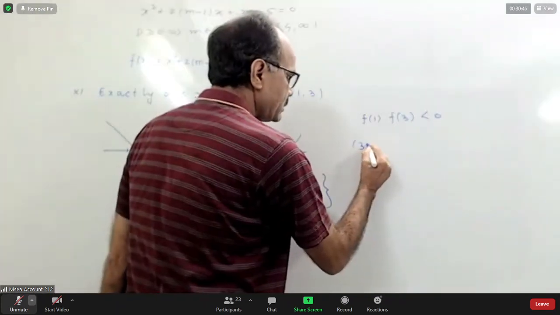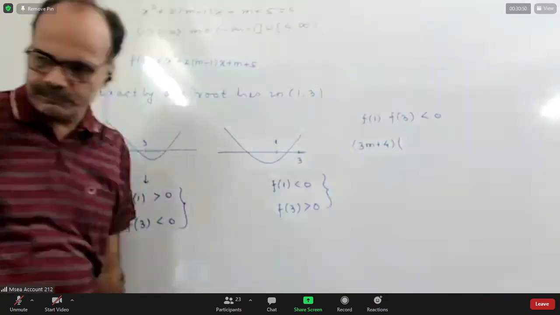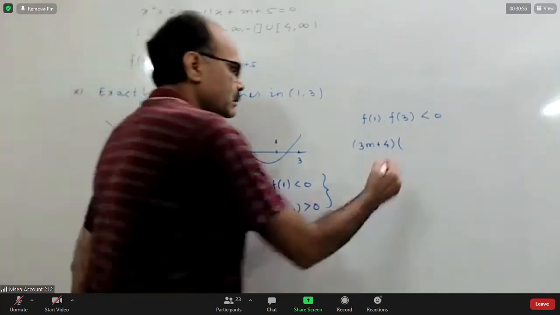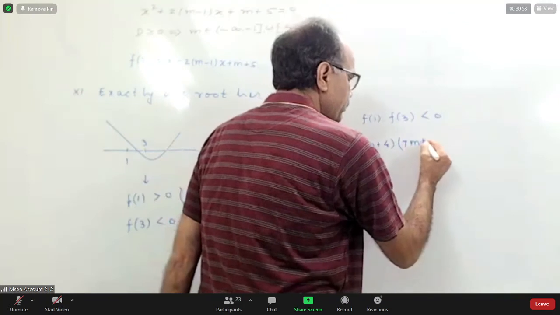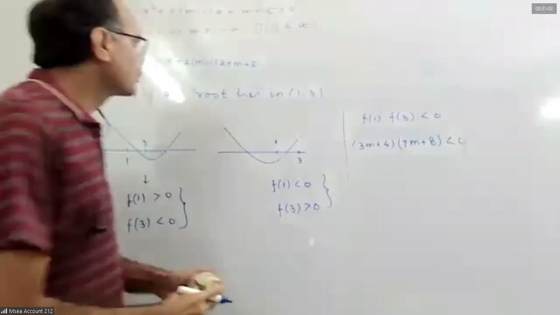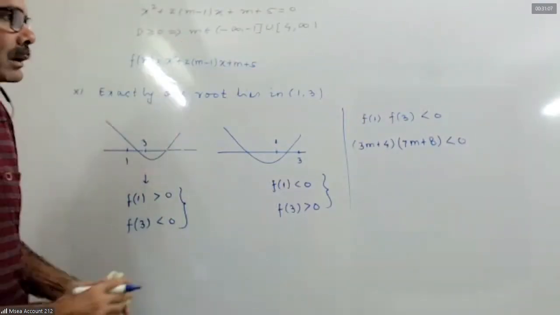Check the calculation. 3m plus 4 into 7m plus 8 is less than 0. Put 3, this will be 7m plus 8. Put 1, this will be 3m plus 4.